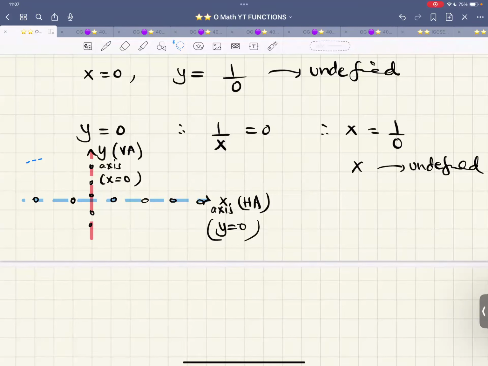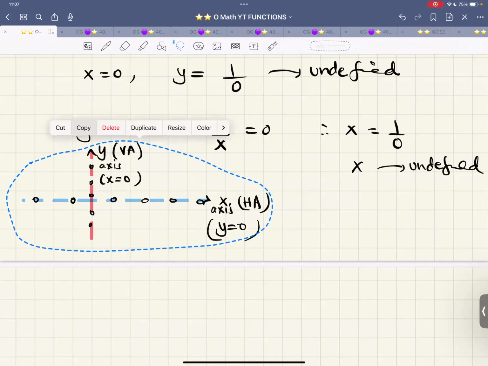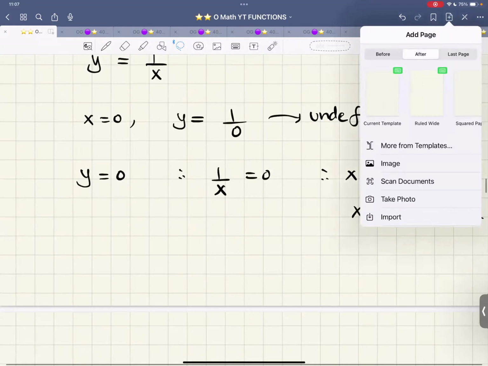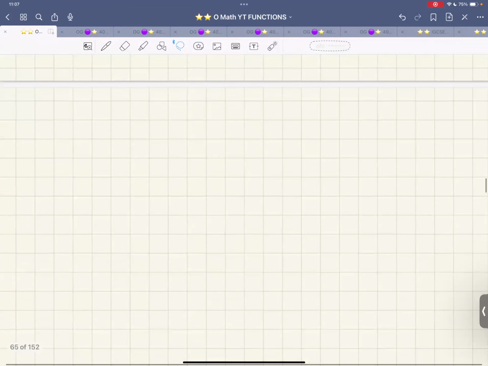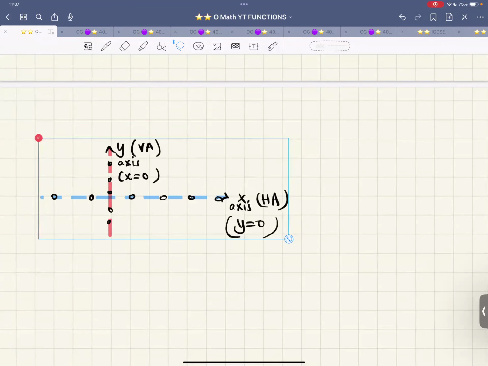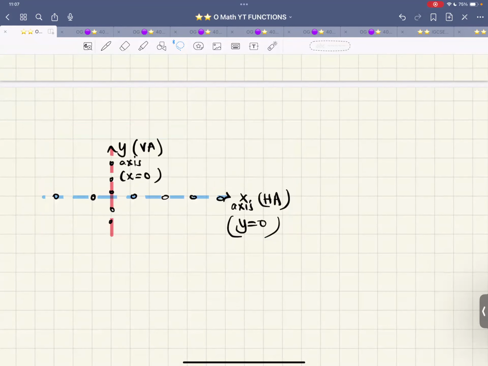So now let me just grab this thing and let me put it someplace else so that you can easily have a look at it. So now that is the basic idea. So when y is 0, that is the x-axis, that's the horizontal asymptote. So what is an asymptote? We talked about it in the exponential curve.